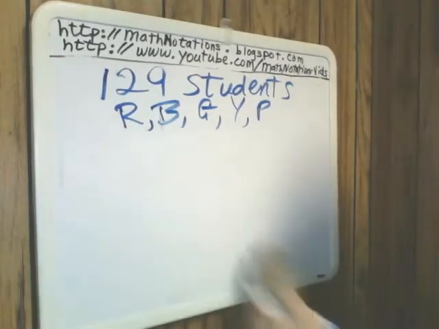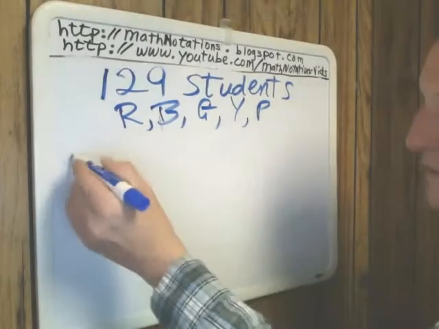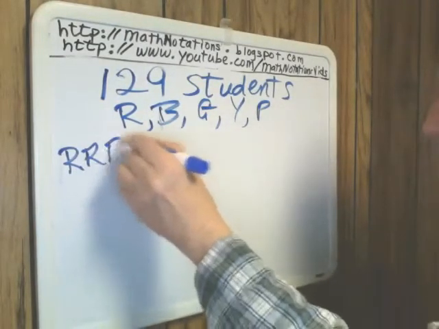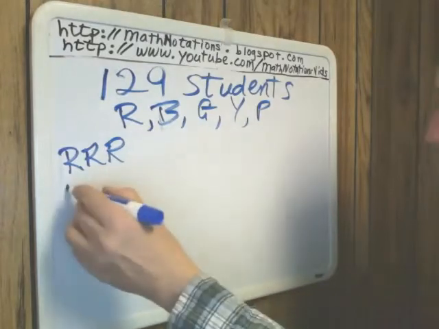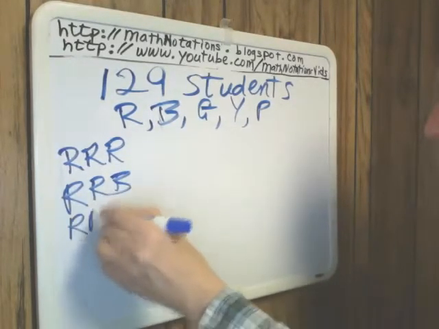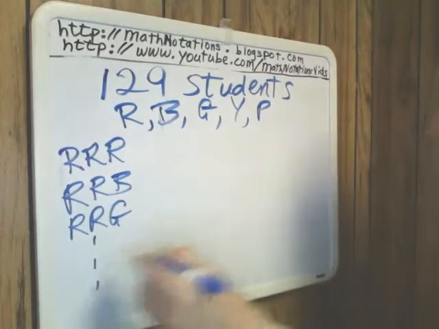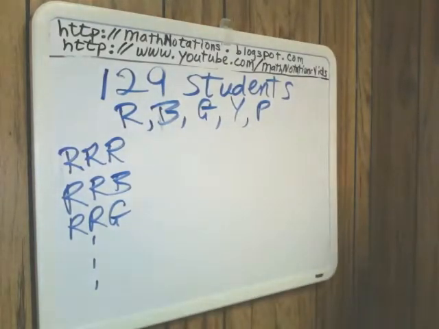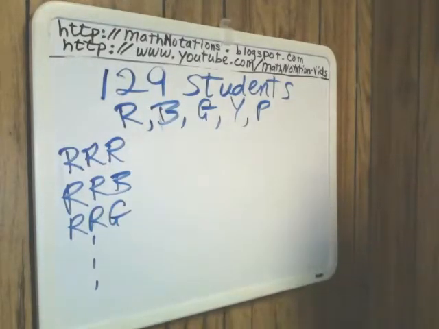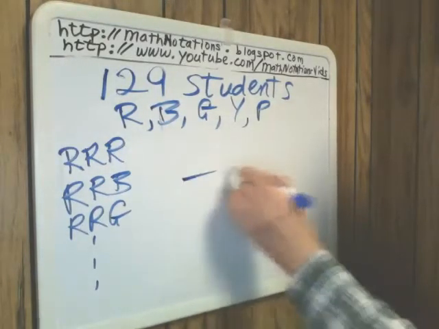We can make an organized list. We could start with red and list all the code combinations with red: red, red, red; blue, red, red; green, etc. But this is a problem that's begging us to use the multiplication principle. Although this will work, it's cumbersome and it is time consuming.